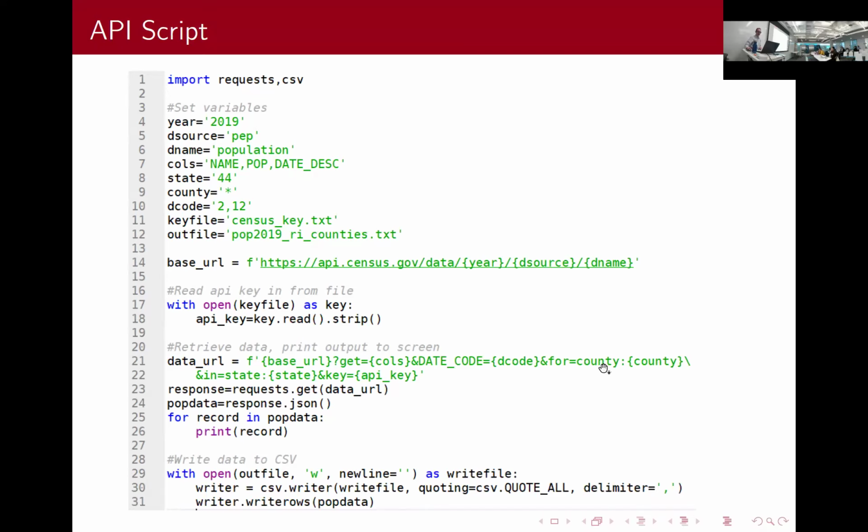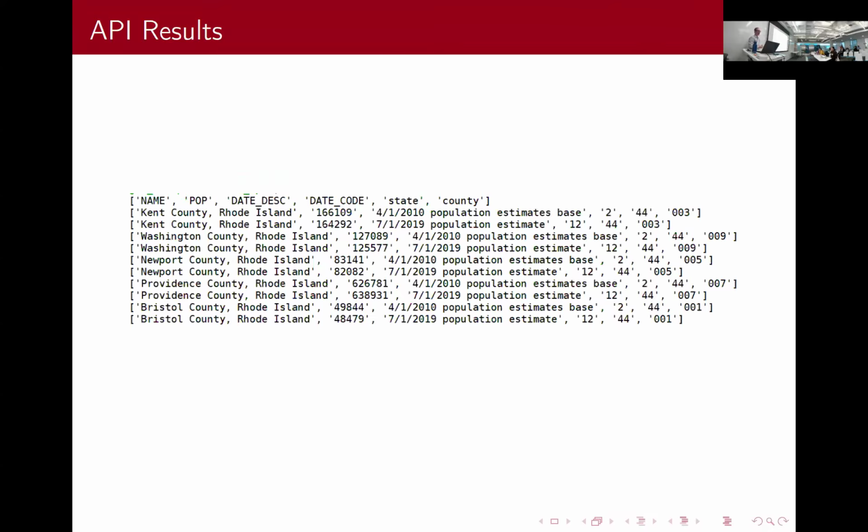Then I can build a link where I put in information about the state and the county. I'm able to take that link and send it out to the Census Bureau, and it sends back a package of data that comes directly into my program, and the output of that script is this.